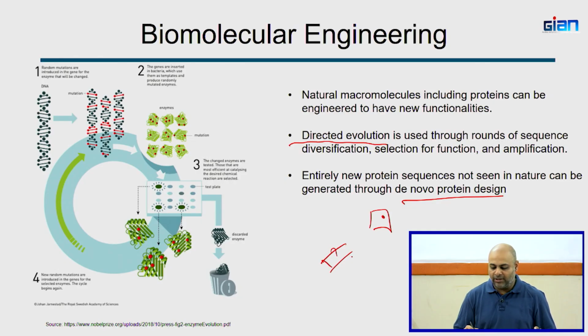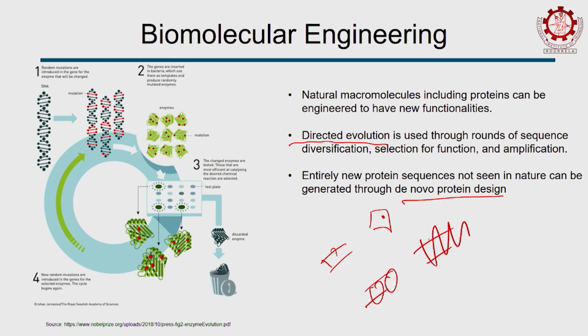So for one you did this, for another one you did this. You kept on making different types of changes and you let it grow. They produce the enzymes with the modification. Now that modification, you test it against what you wanted to use those enzymes for. Whichever one worked, you go back and see which mutation actually led to that.